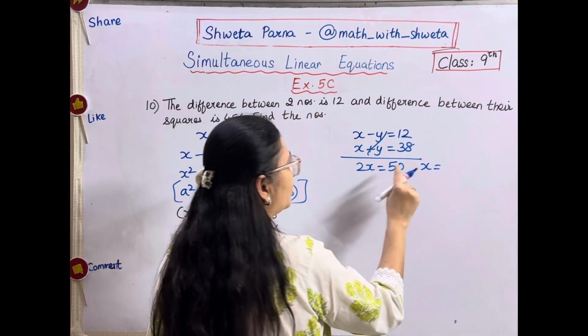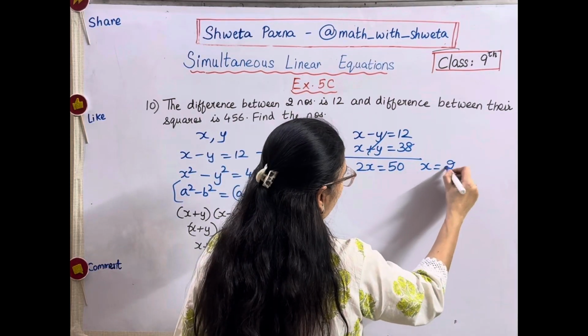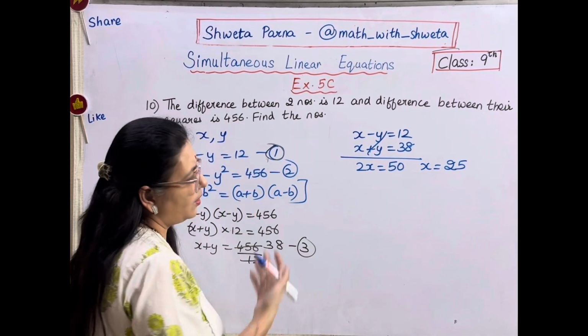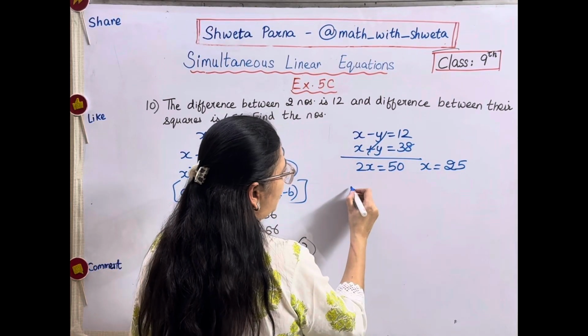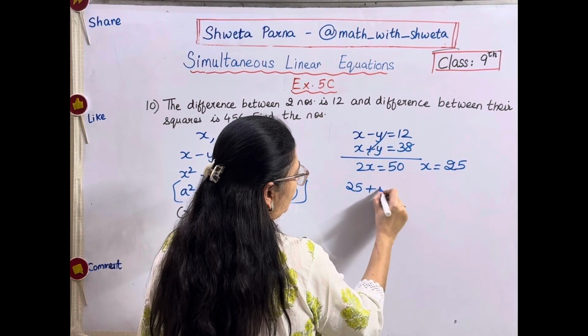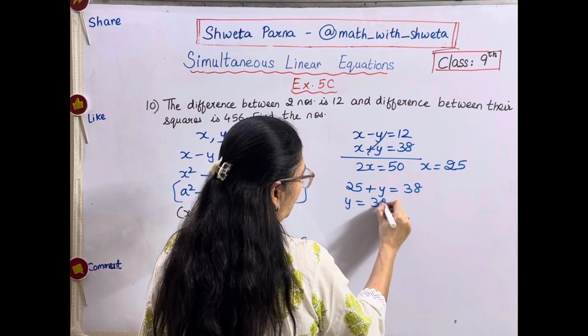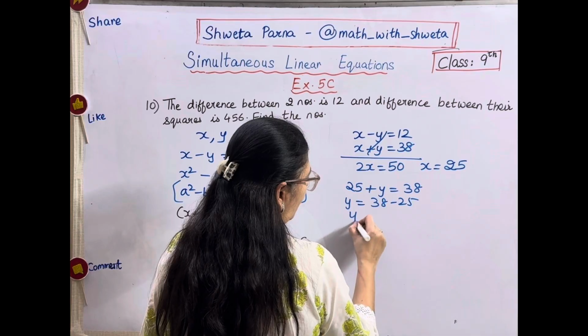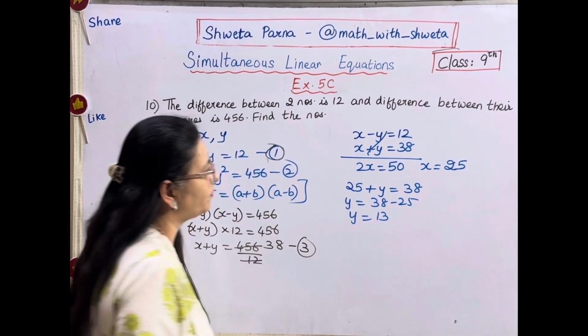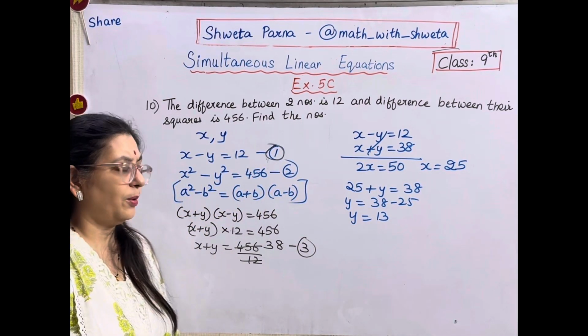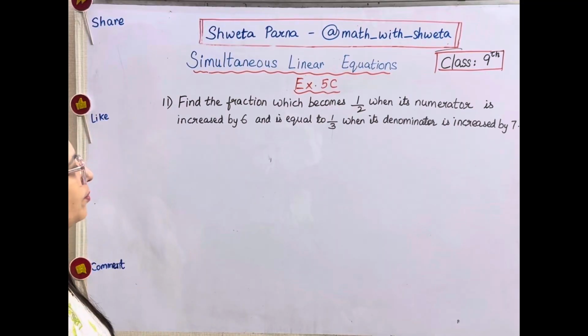So x is equal to 50 divided by 2, which is 25. Substitute it in any equation. So 25 plus y is equal to 38. So y is equal to 38 minus 25. y is equal to 13. Yes?